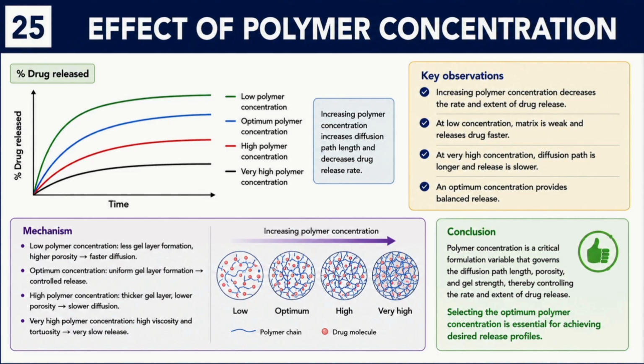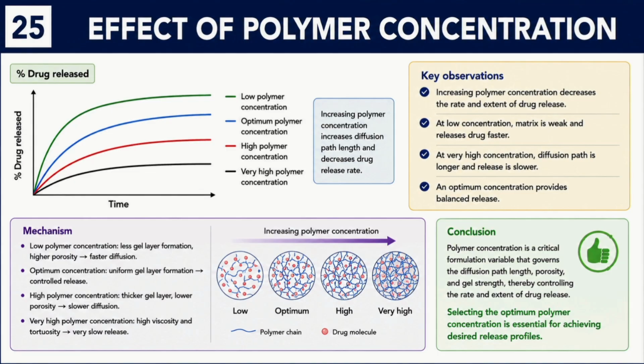However, the relationship is not always linear. Very high polymer concentration can alter the tablet swelling, erosion and diffusion pathways. Therefore, the polymer concentration must be optimized experimentally rather than selected simply on the assumption that more polymer is always better. Okay.